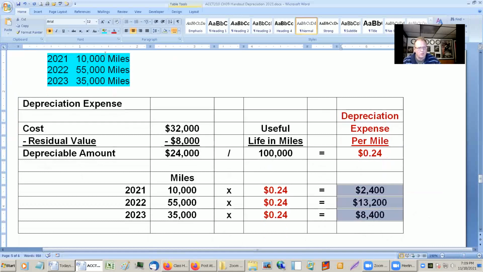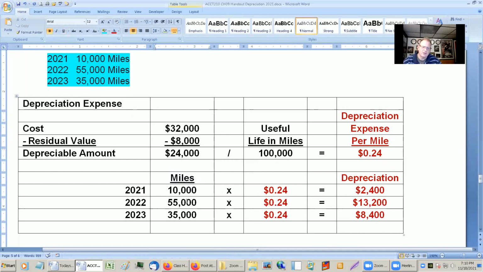So these will be the amounts that will depreciate each year. So this will be our depreciation expense each year. And if you look at this, you notice that the amount that they use it is quite different every year.